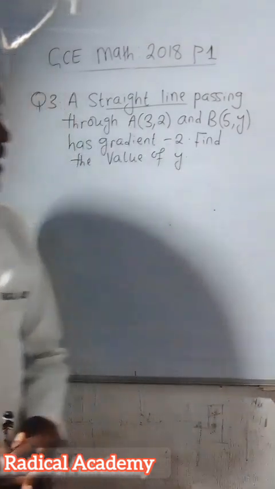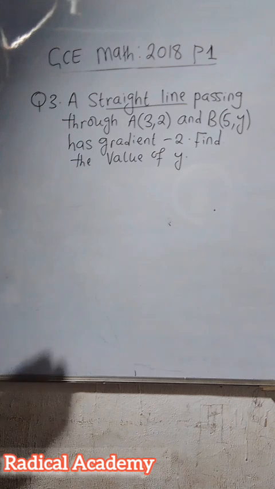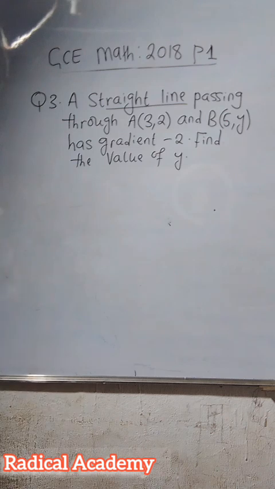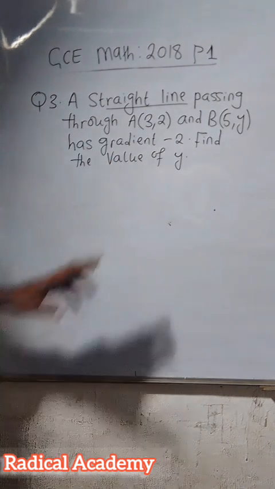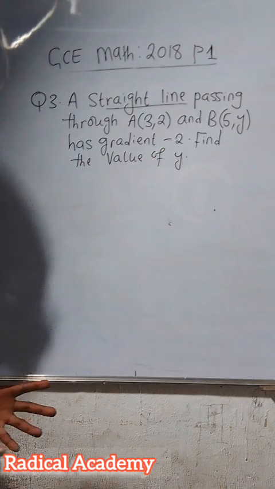It reads: a straight line passing through the following points, A (3, 2) and B (5, y), has a gradient of -2. Find the value of y.